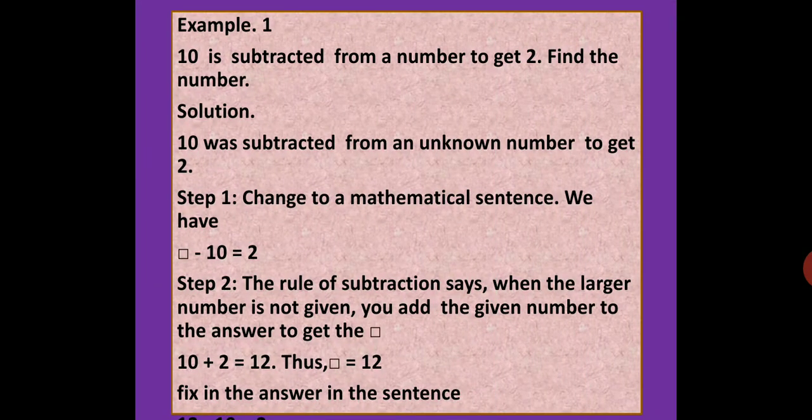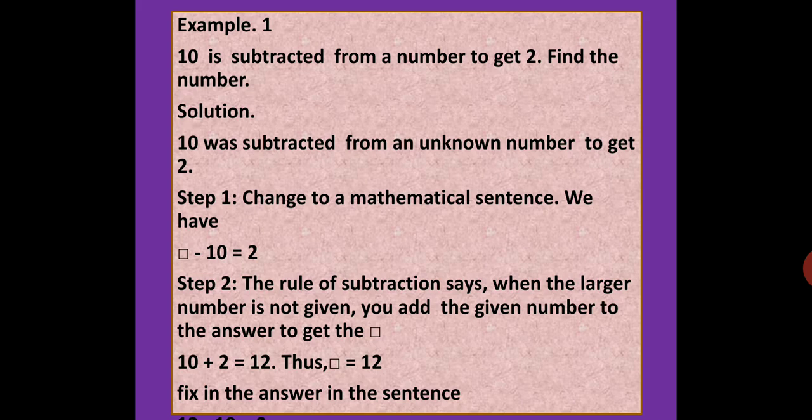So let's start with an example. The first example here is: 10 is subtracted from a number to get 2. Find the number. So you know now that there's a number missing. So what are you going to do? The first thing to do is to change to a mathematical sentence.